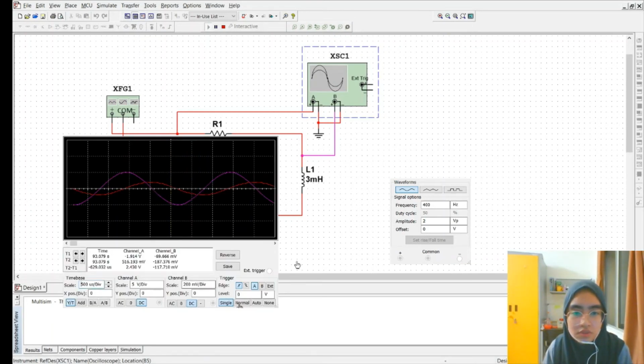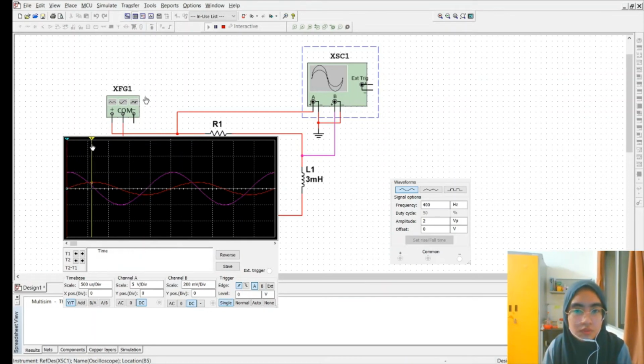Let's put it in random, because I will do it one by one. Okay, to achieve the V out, you need to measure only the channel B, because we have connected the channel B to the inductor.